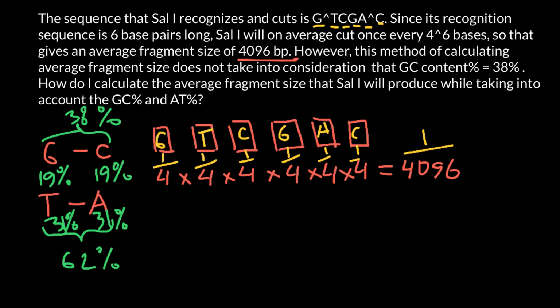So now let's use these numbers in our calculations. Instead of using percentages, I'm going to use numbers on the scale between 0 and 1. So 19% would be 0.19, and 31% would be 0.31.